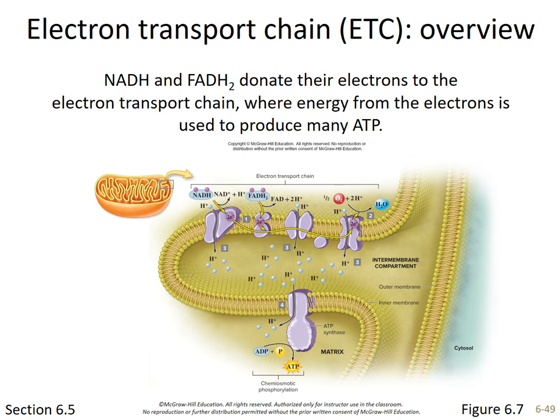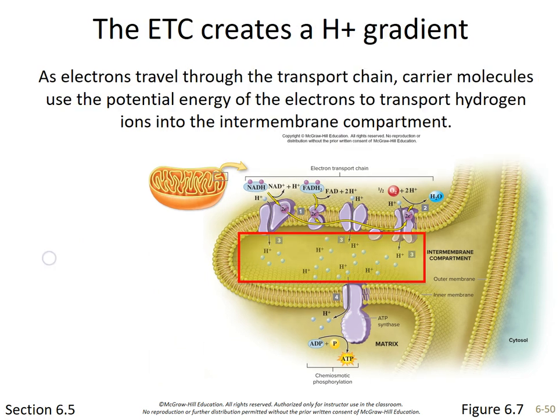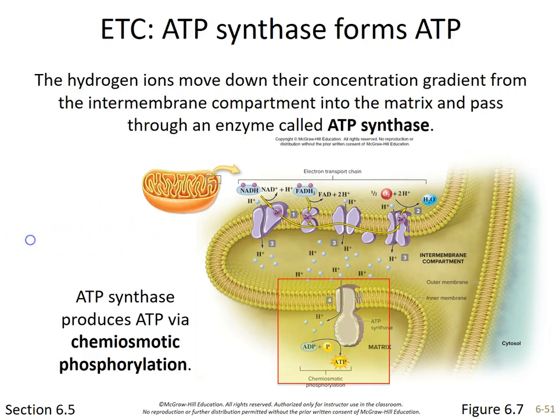And you can see in this process here, it's kind of an assembly line, if you will, where we're really just starting to crank out the ATP through this assembly line type process. As electrons travel through the electron transport chain, carrier molecules use potential energy of the electrons to transport hydrogen ions into the intermembrane compartment.